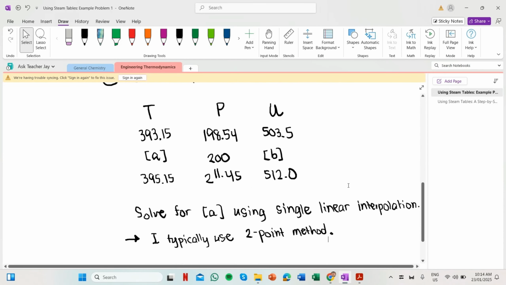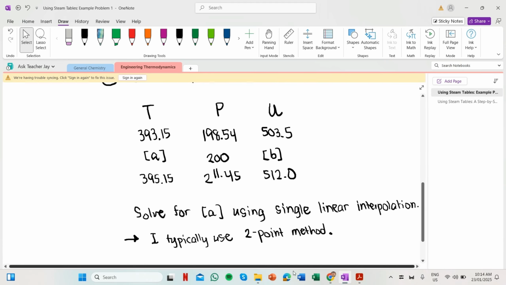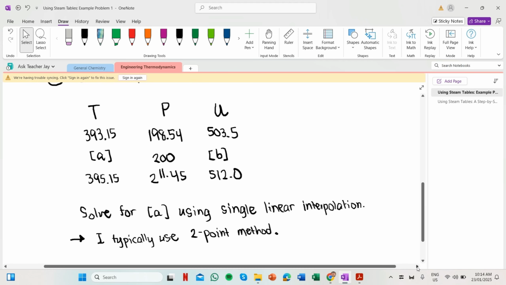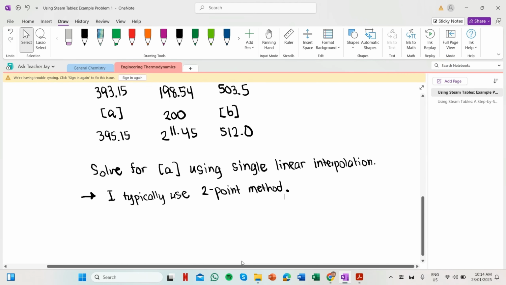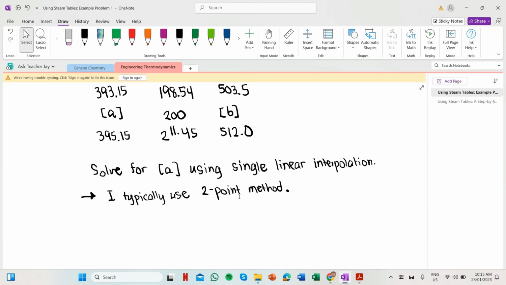Now, to solve for the unknown A and unknown B, I typically use the single linear interpolation method, and typically I use the two-point method, which means establishing a line, the basic algebra that you learned when you were still studying algebra.